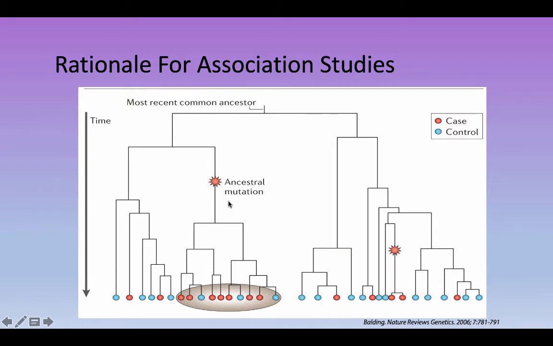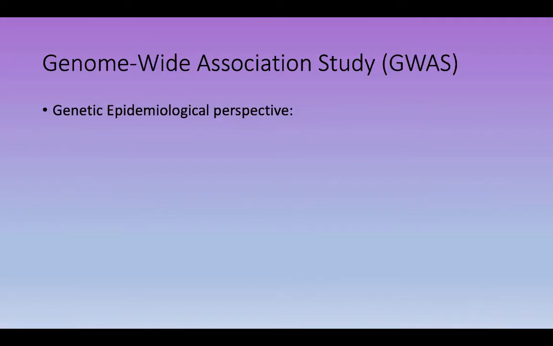What we would see is that in individuals that have had this mutation, because it happened in this lineage, we would find it more commonly among individuals that were related to each other versus groups that were not expressing that. So it's at a higher frequency. That's why we would associate it with a specific case, and we'd be able to replicate that in other cases as well, because here we can see this mutation in both cases. These two individuals are demonstrating it.